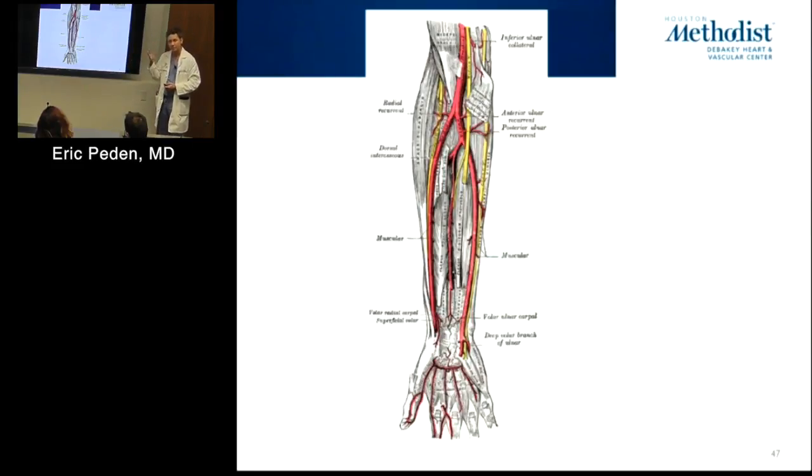Can he use his hand? Can he do this? No? Looking for a yes? You're right. He can do that, right? So why can he do that? Why can you do this? Because the ulnar nerve's intact, and the grip strength is really from the flexor digitorum profundus.